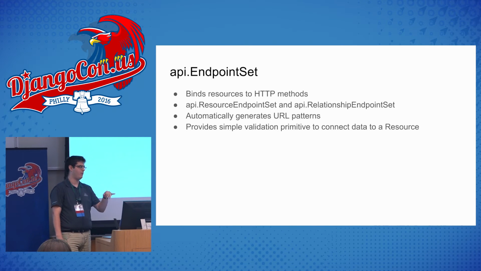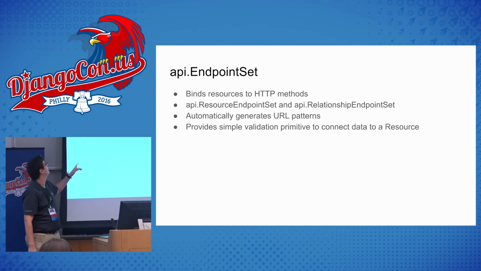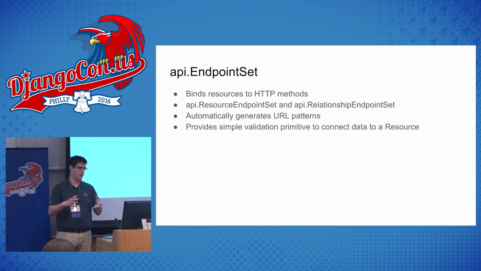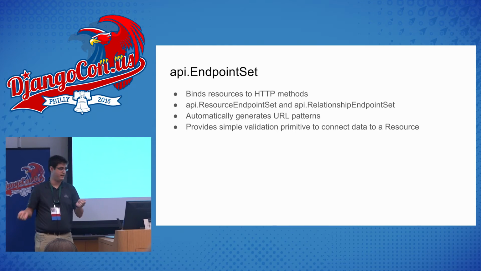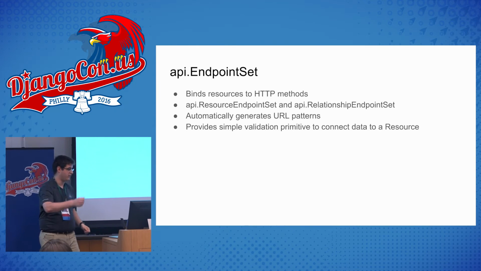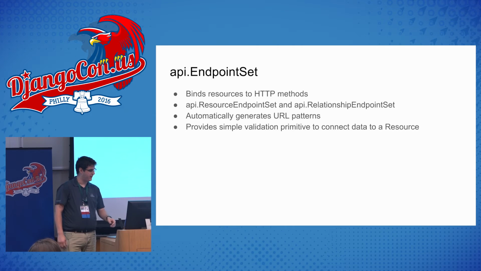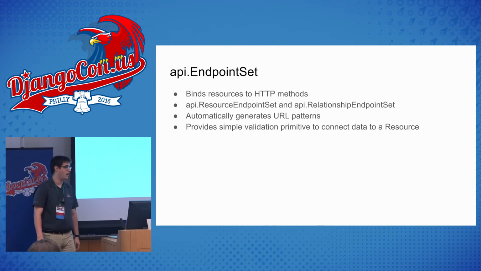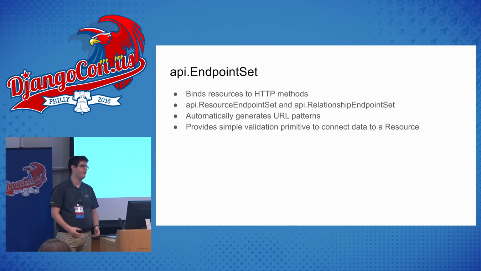An API resource endpoint set actually derives from the endpoint set itself, and that's largely what you use to create the endpoint set that links the resource to the endpoint set. All of the URLs are automatically generated, and it provides a very simple validation primitive to actually connect the data to the resource, and I'll show it here in the next slide.